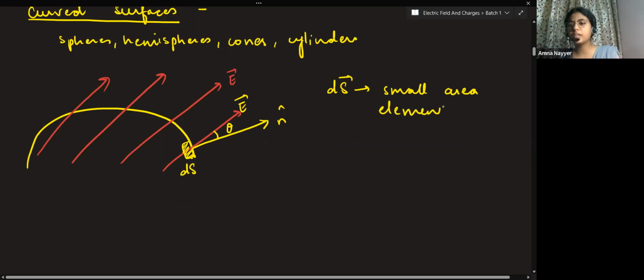Instead of writing phi is equal to E dot S, the way we have been doing, here we have the very small segment dS with us. So phi will also be d phi. So how to solve this? d phi is equal to E dot dS.